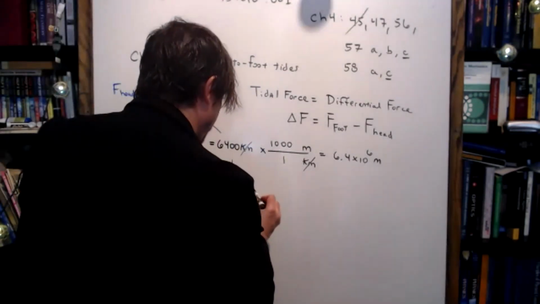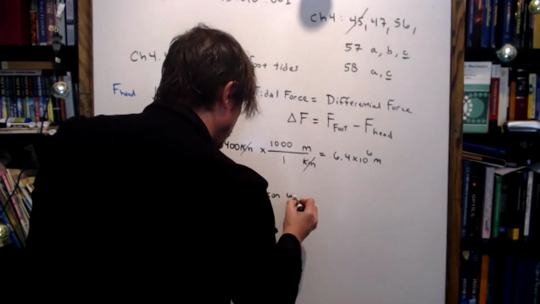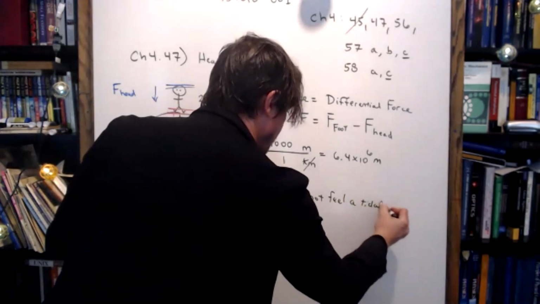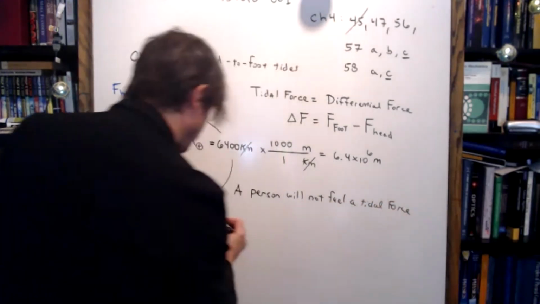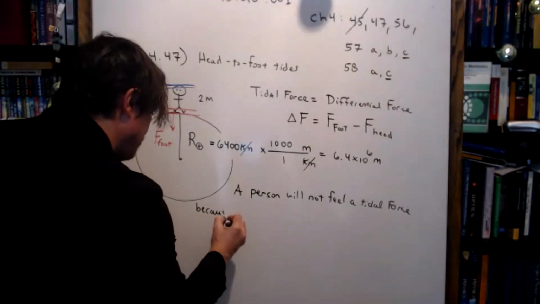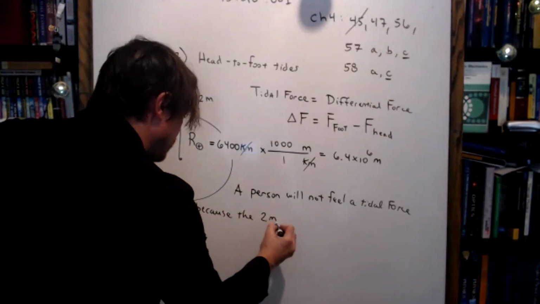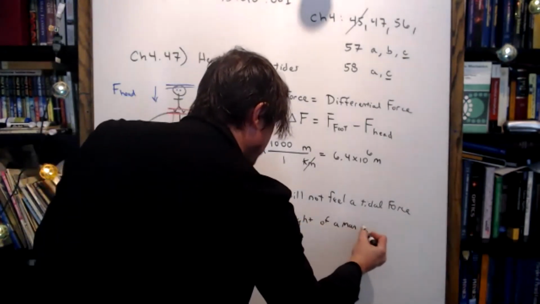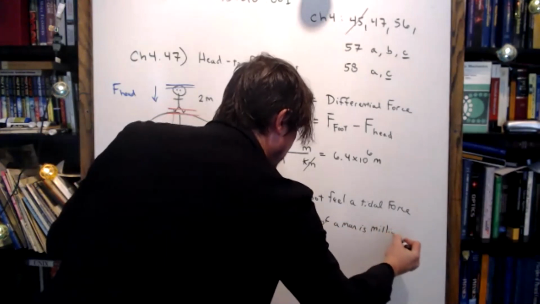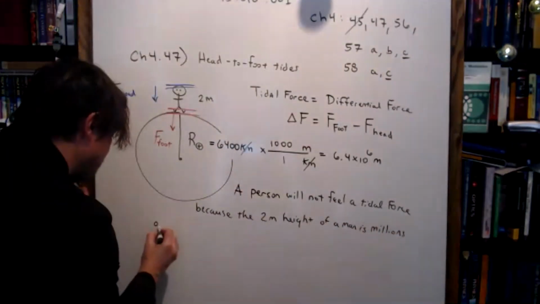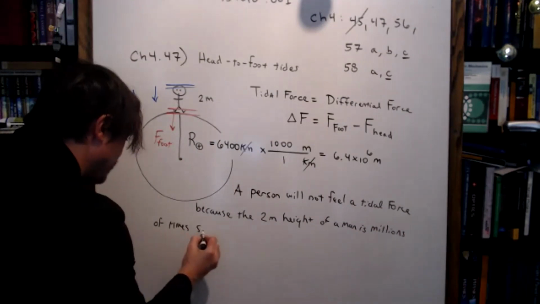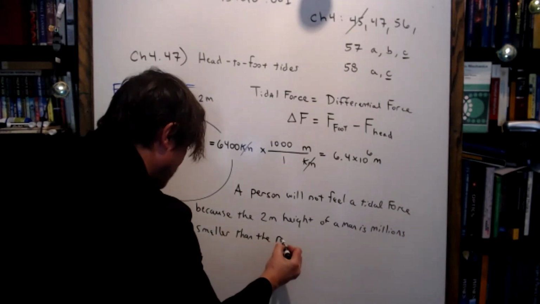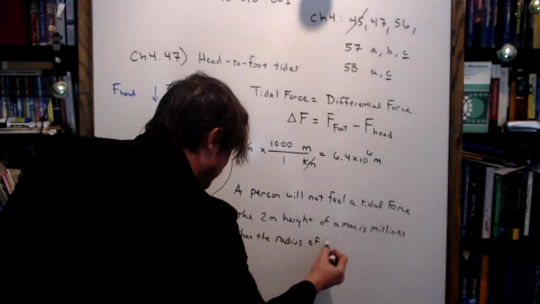So we can write: a person will not feel a tidal force because the 2 meter height of a man is millions of times smaller than the radius of Earth.